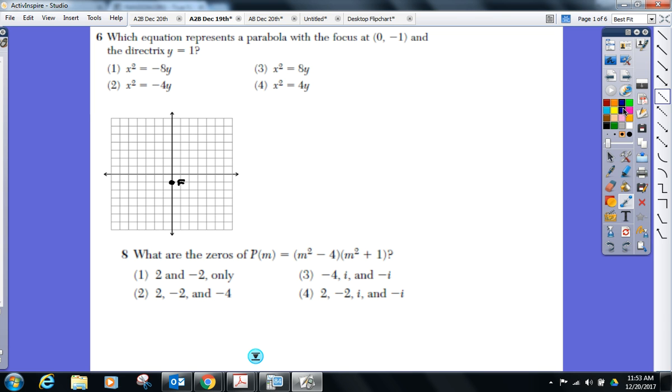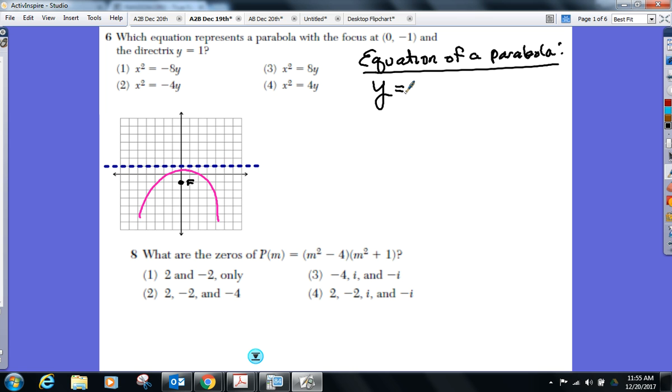Now, I will forewarn you, I use a certain formula that maybe your teacher last year did not. I can teach this better than using other formulas. Here's what I use for the equation of a parabola: y equals 1/4p times (x minus h) squared plus k on the outside. I don't know if that looks familiar to anybody, but that's the one I use.